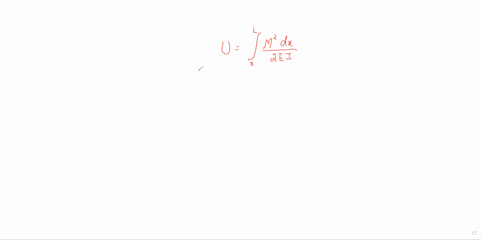Now, if we have to calculate the deflection at a point like A, we write dU by dP, where P is the load acting at point A. So that is equal to d by dP of the integral from 0 to L of M square dx by 2EI. So we can do what is known as differentiation under the sign of integration.